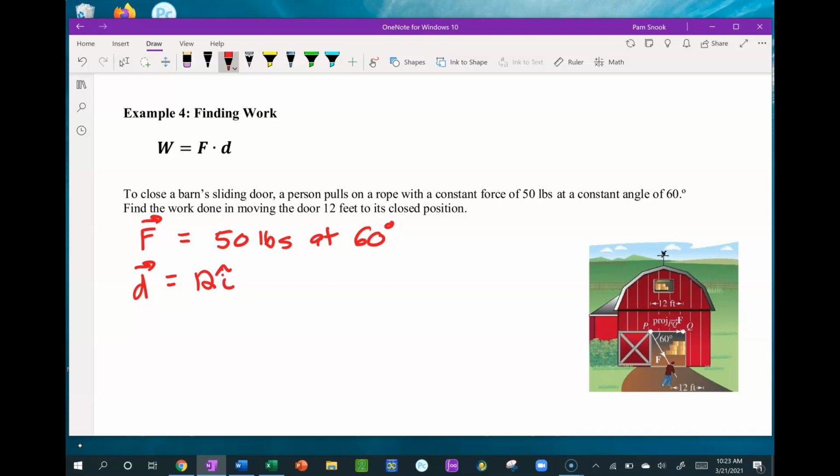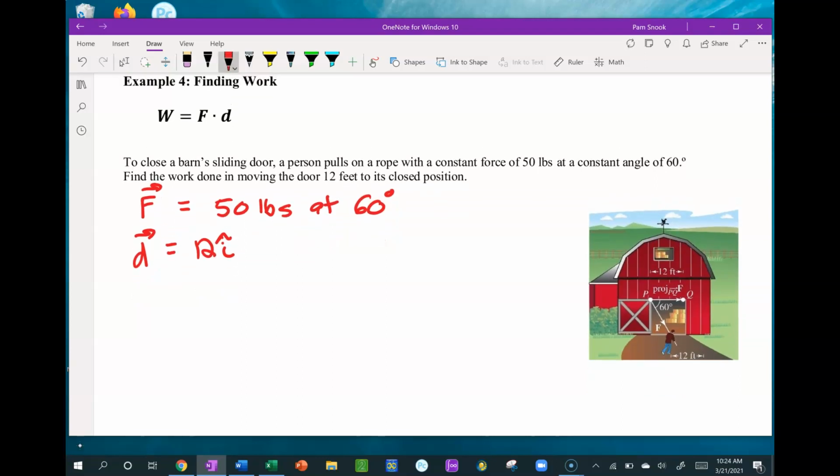So what I need to do is convert that force vector into the component form. And so here's an easy equation for doing that. My force vector is going to be the magnitude of the force vector times the cosine of theta in the i direction plus the magnitude of your force times the sine of theta in the j direction.